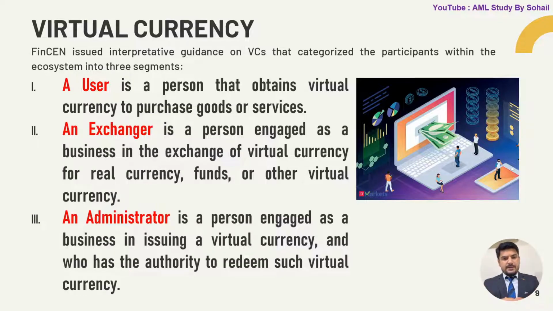Okay, we will explain one by one. A user is a person who obtains a virtual currency to purchase goods and services, and an exchanger is a person engaged as a business in the exchange of virtual currency for a real currency.